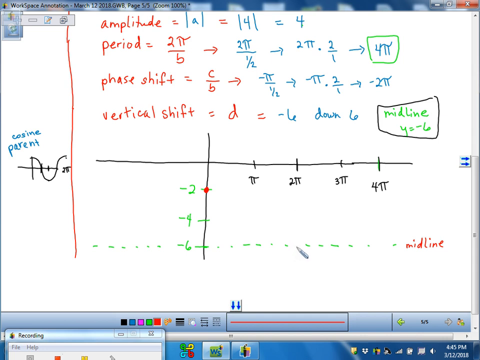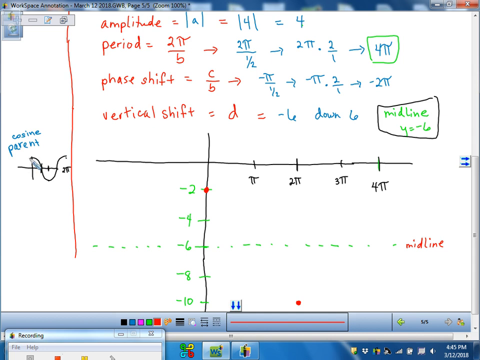So at 2 pi, I'm going to be 4 below -6, which means I need to be down at -10. So let me extend my graph a little bit. -8 is here, -10 is 2 below that. That's where my lowest point is going to be.